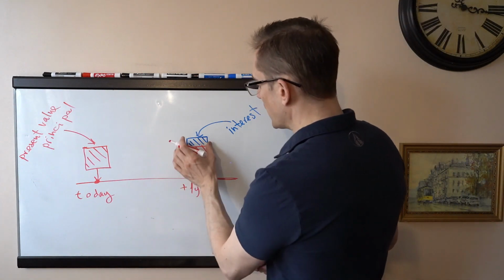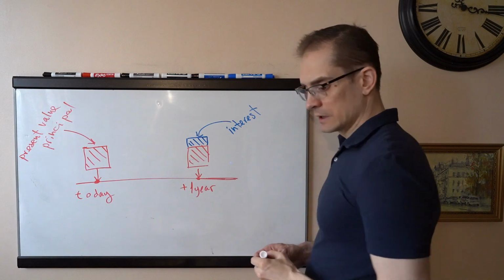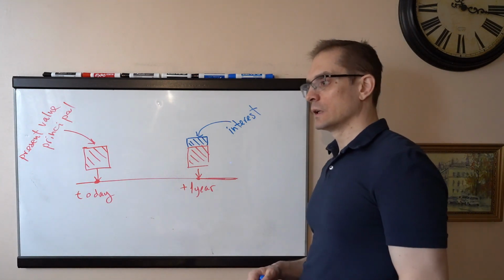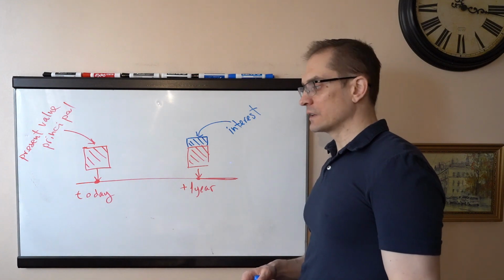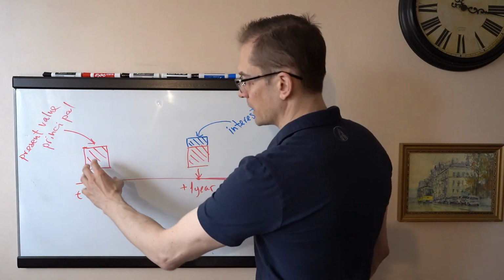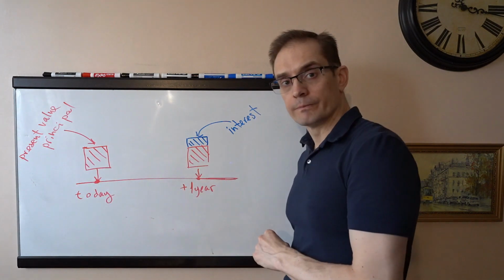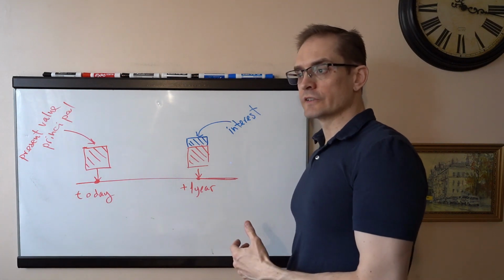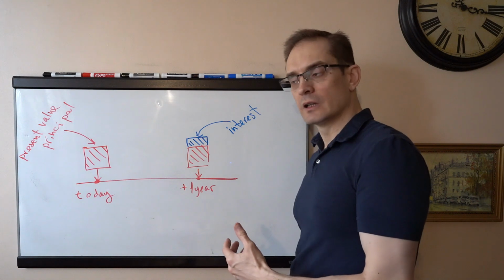So the question is, why are you given this extra amount of money, which we call interest? The reason for this is that you are being without your money for 1 year. And being without your money, of course, is inconvenient.